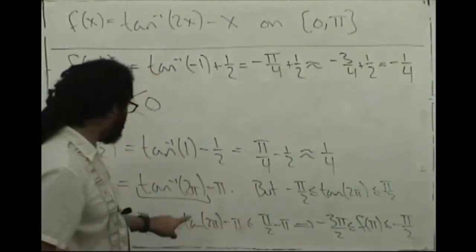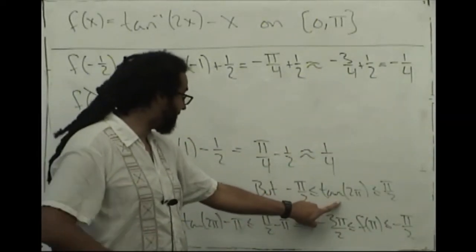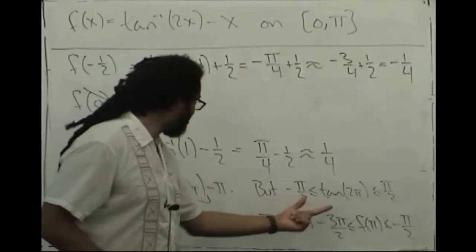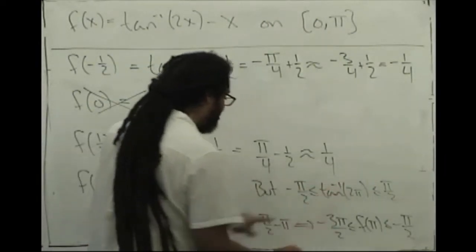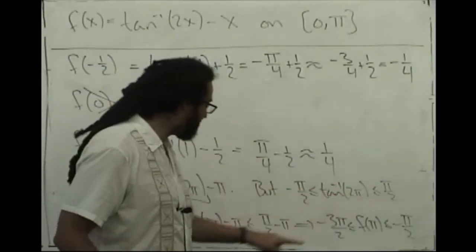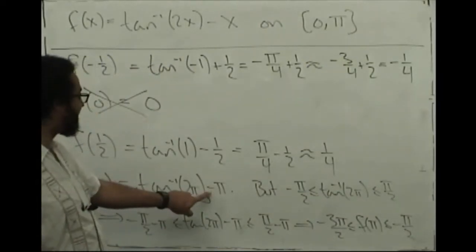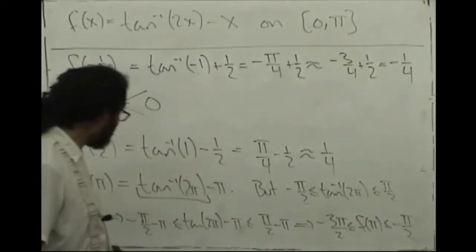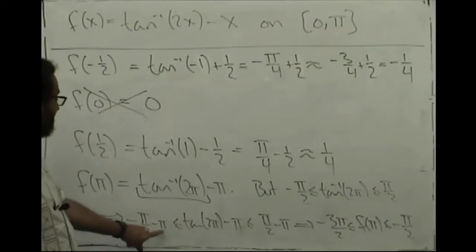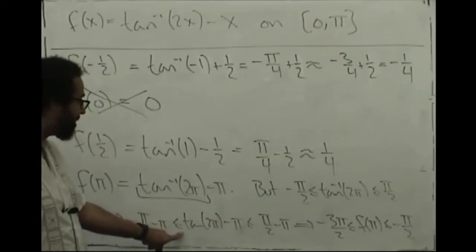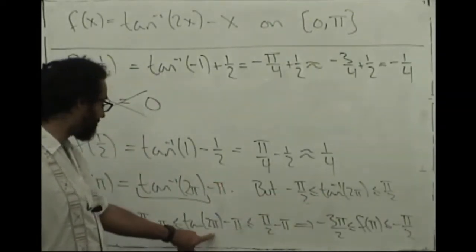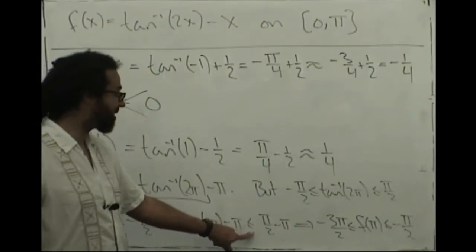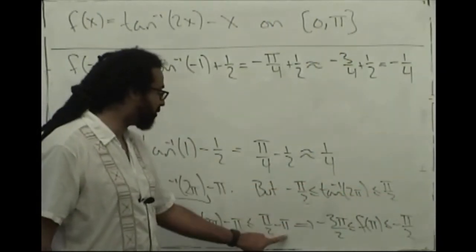So here's an inequality that'll be helpful: tangent inverse of anything is between negative pi over 2 and pi over 2. Now I'm just going to subtract pi from everywhere. So that says negative pi over 2 minus pi is less than or equal to tangent inverse of 2 pi minus pi, which is less than or equal to pi over 2 minus pi.